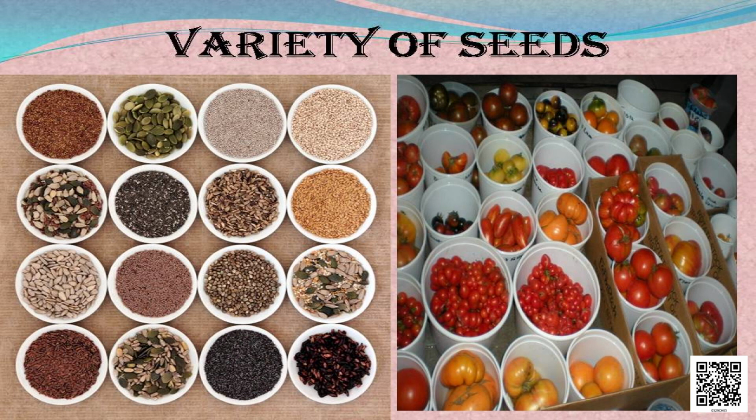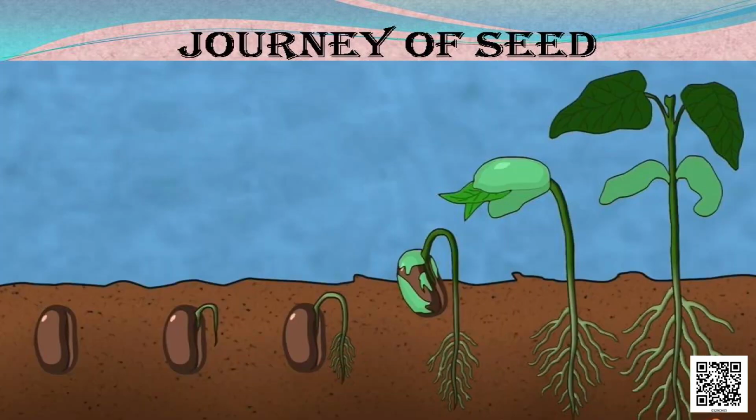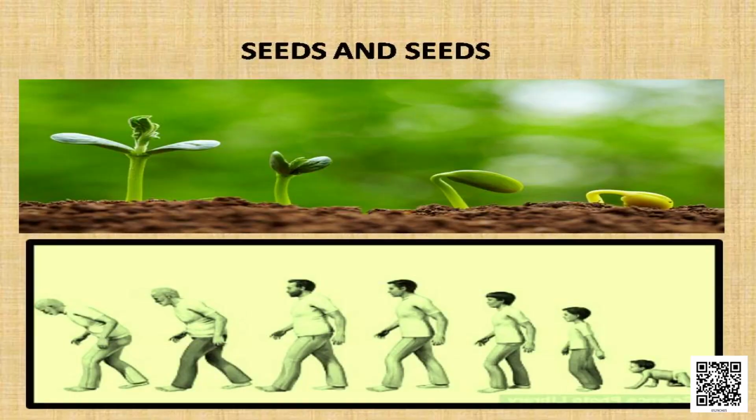Okay. Now here is the journey of seeds from a small seed to a big plant. Isn't it interesting? Now you could see how interesting it is, like the growth of a human being, from a small infant to a crawling toddler, then to a boy, then he becomes a young man, and then he gets the responsibility of his family, of his life, of his job, and then he becomes old slowly, gradually, and then he goes away from this world.